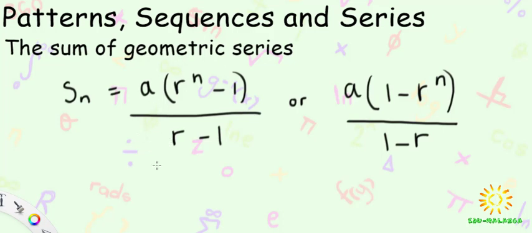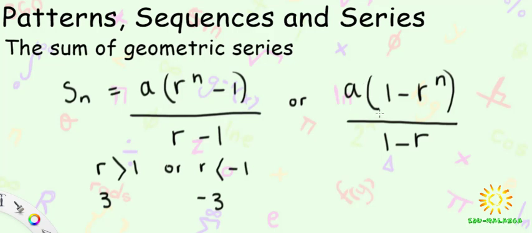The first one is easier to use when your r, which is the ratio, is greater than 1, so you have an integer such as 3, or your r is less than -1, could be -3. When you have a number like this for your r, it's easier to use this formula because when you say r to the power of n, you get another big number and you subtract 1.